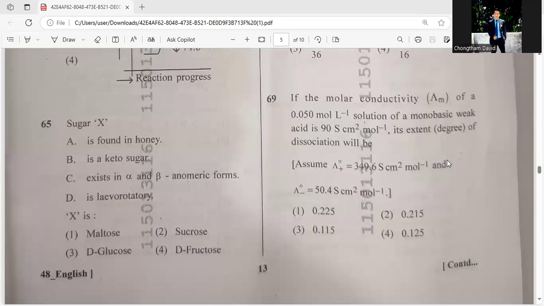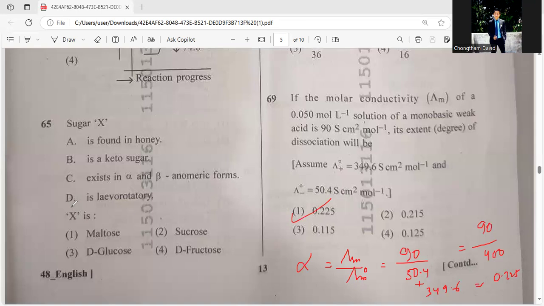As you know, alpha equals lambda m by lambda m naught. So this can be calculated by the given values, 90 by 50.4 plus 349.6. So 90 by 400 corresponds to 0.225. It's easy. For 69, answer will be option number 1.